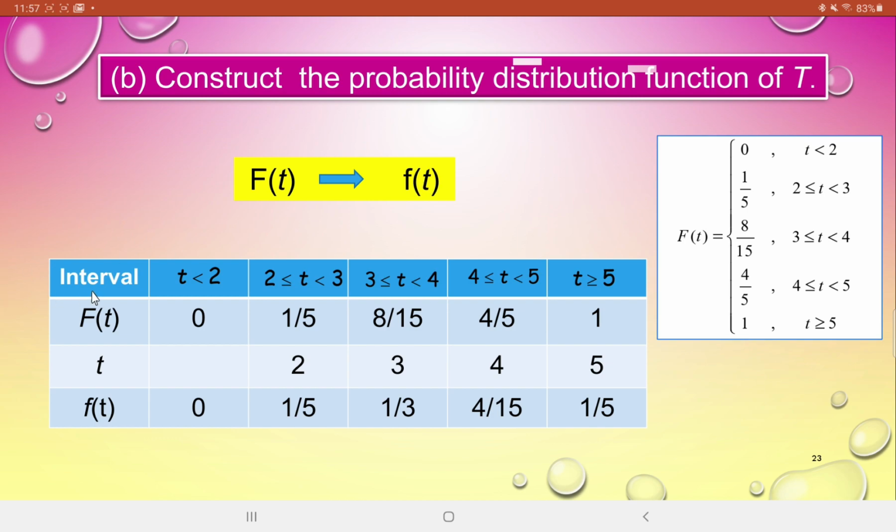Firstly, we need to construct the table with 6 columns and 4 rows. First row, we put the interval. We just copy the interval from the CDF given. T less than 2, T more than or equal to 2 and less than 3, T more than or equal to 3 and less than 4, T more than or equal to 4 and less than 5, and T more than or equal to 5.